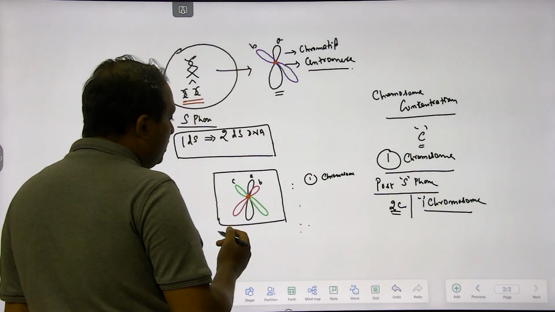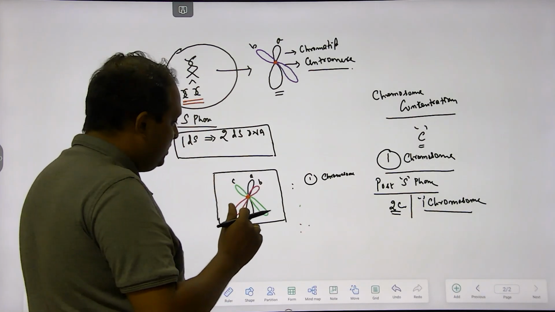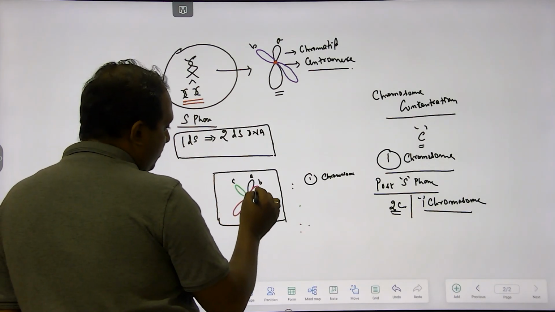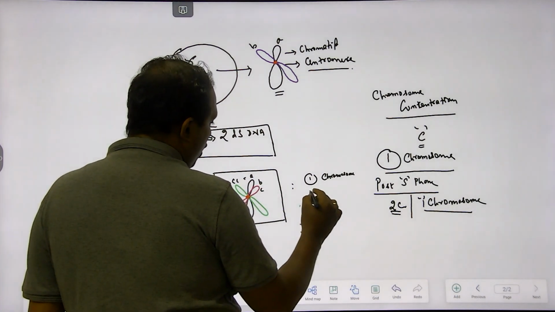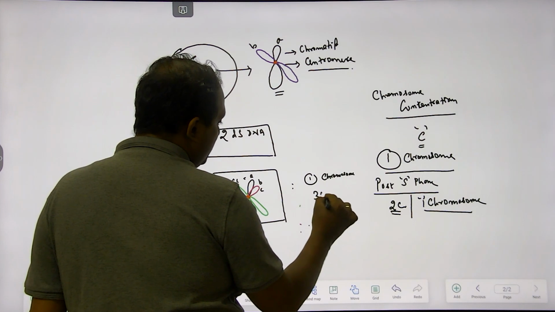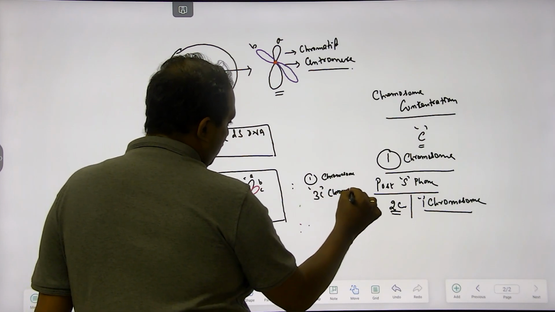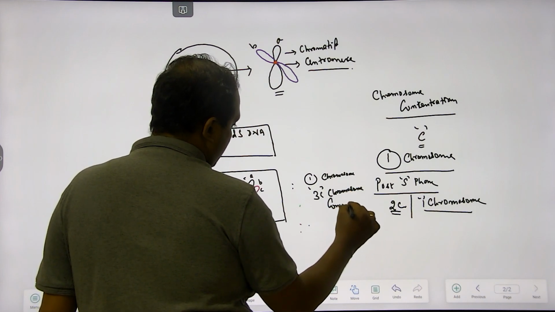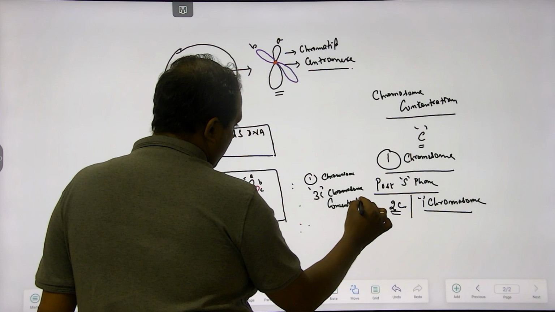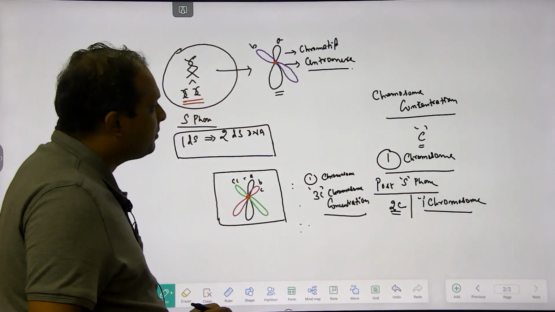So the initial chromosome concentration is C, which means now I have C, C, C. So the chromosome concentration is going to be 3C. Okay, that is the chromosome concentration. Hope you get this point.